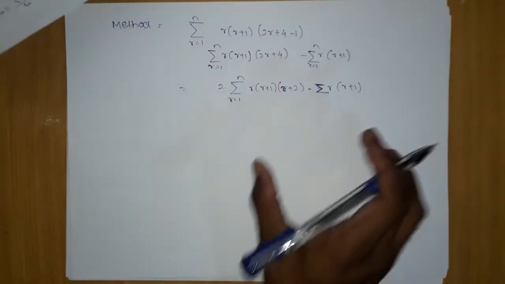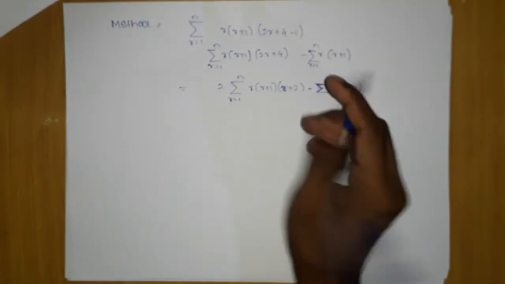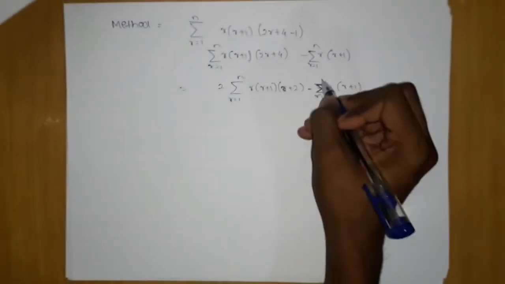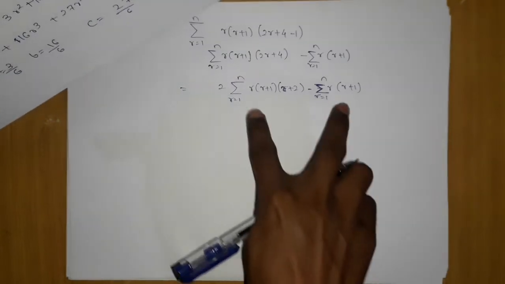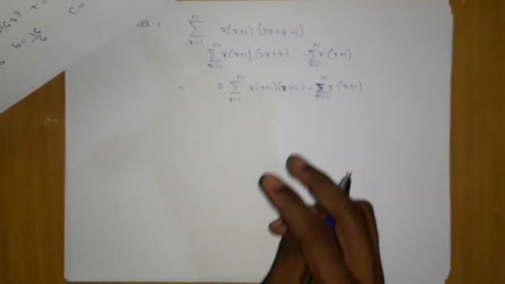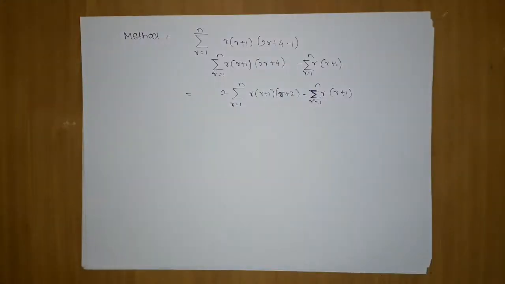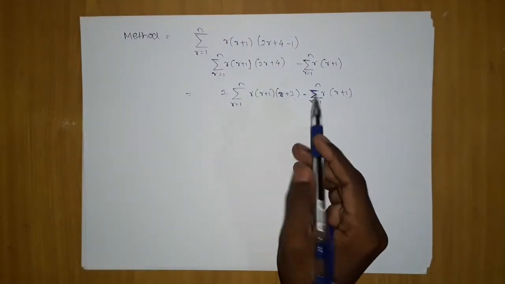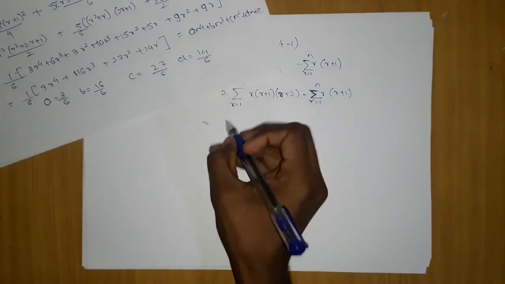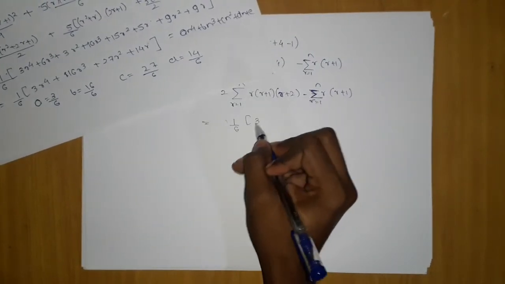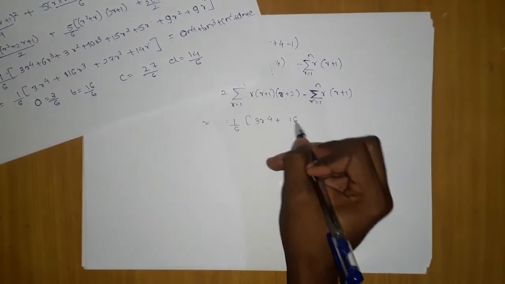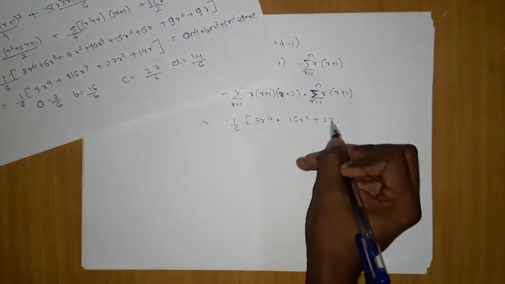So I got my summation, r is equal to 1 to n. So we are done with this. Now when you open this summation, you will still get the same answer. You will end up getting 1 by 6 summation of 3r power 4, 16r cube and 27r square.